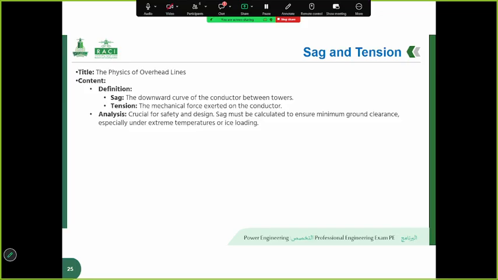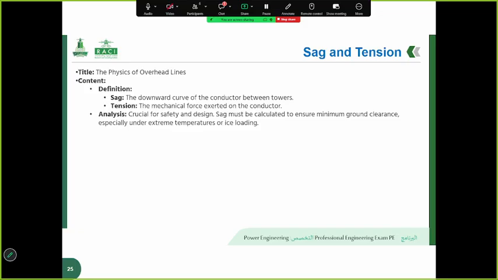Tension is the mechanical force or stress exerted on the conductor, pulling it taut between the two support towers. The interplay of sag and tension is inversely related: high tension, low sag.